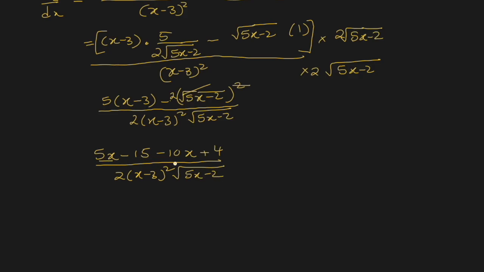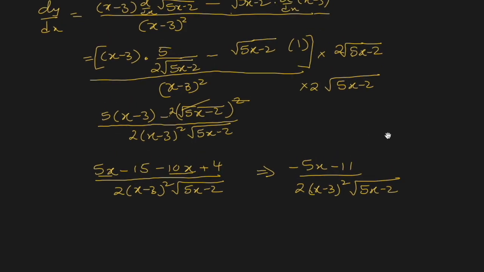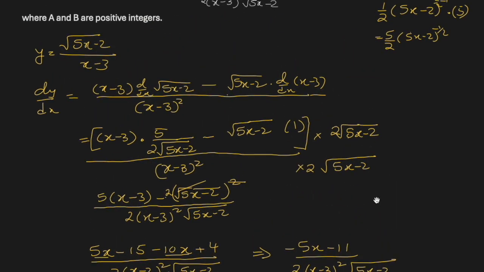So 5x minus 10x will be minus 5x, and minus 15 plus 4 is minus 11. Both are negative, over 2(x minus 3) square root 5x minus 2. This matches the format they were saying, exactly like that.